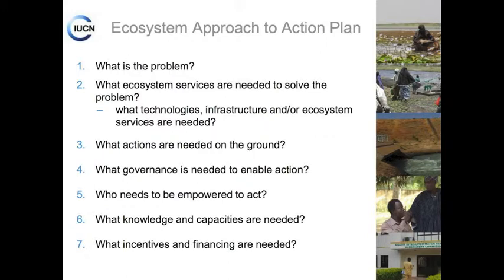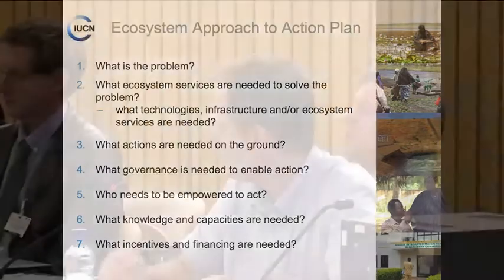And the fifth question then relates back also to the governance question and to the point about the roles of communities. So who needs to be empowered to act? Who actually has to take the sets of actions?